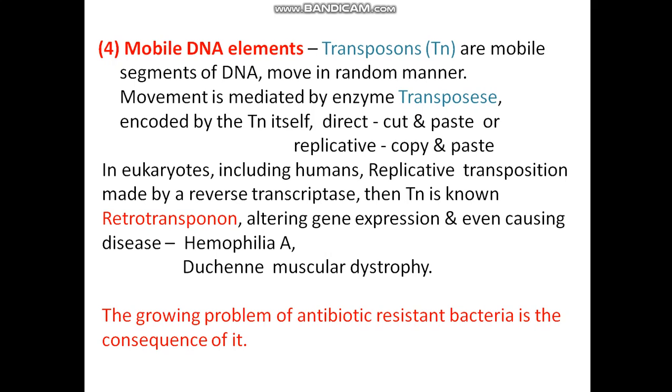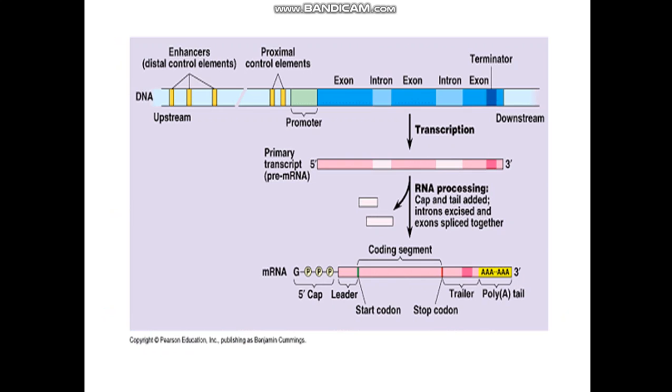Certain replicative transpositions are made by reverse transcriptase; these are known as retrotransposons, which alter gene expression and cause diseases such as hemophilia A and Duchenne muscular dystrophy. The growing problem of antibiotic resistant bacteria is due to these mobile DNA elements.